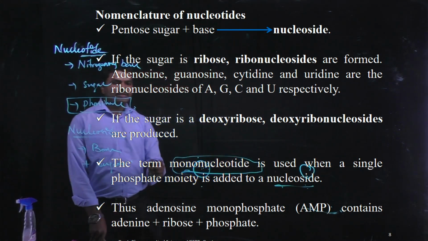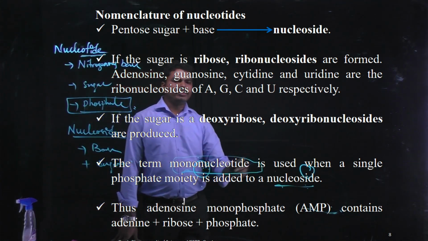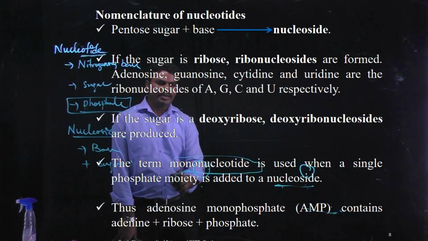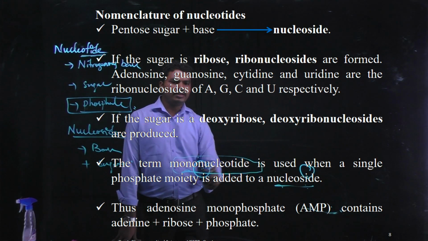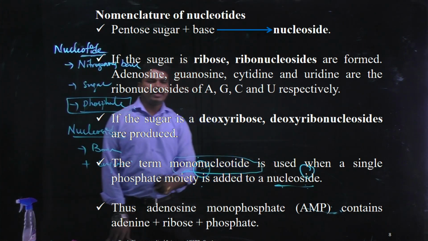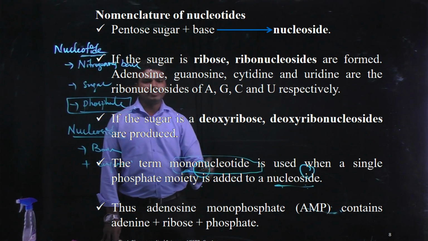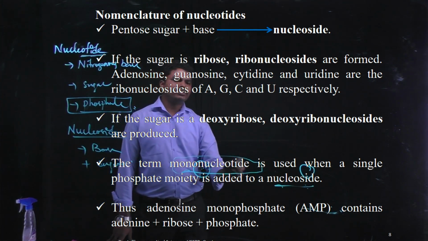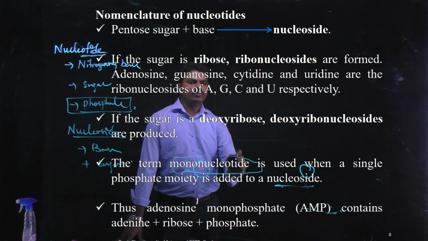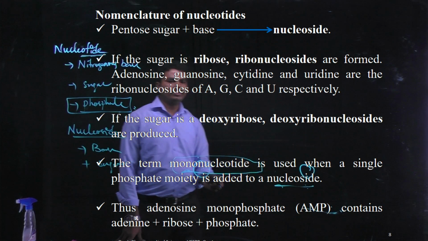Thus adenosine monophosphate, which is why the name is given to AMP: adenosine is the nucleoside, and when one phosphate is attached, it is called adenosine monophosphate. It consists of adenine, ribose and phosphate, only one phosphate, which is why it is called monophosphate.